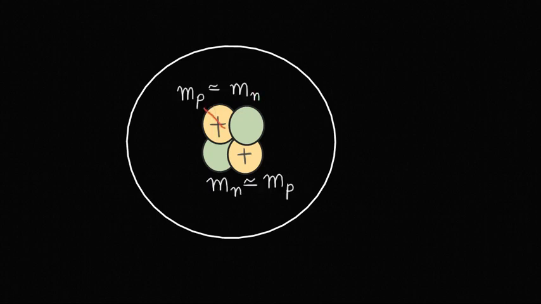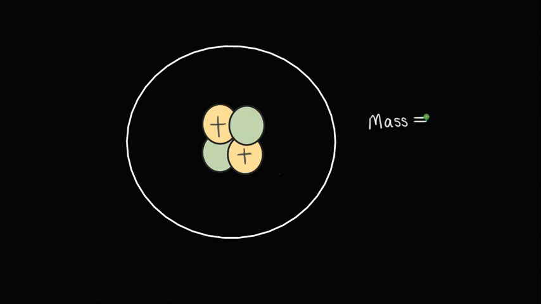This is a proton of mass mp, and this is a neutron of mass mn. The mass of the proton and the mass of the neutron are quite close to each other, so we can assume that the mass of the neutron is also mp. So you are left with the nucleus only, with mass mp plus mp plus mp plus mp, that is 4 mp.